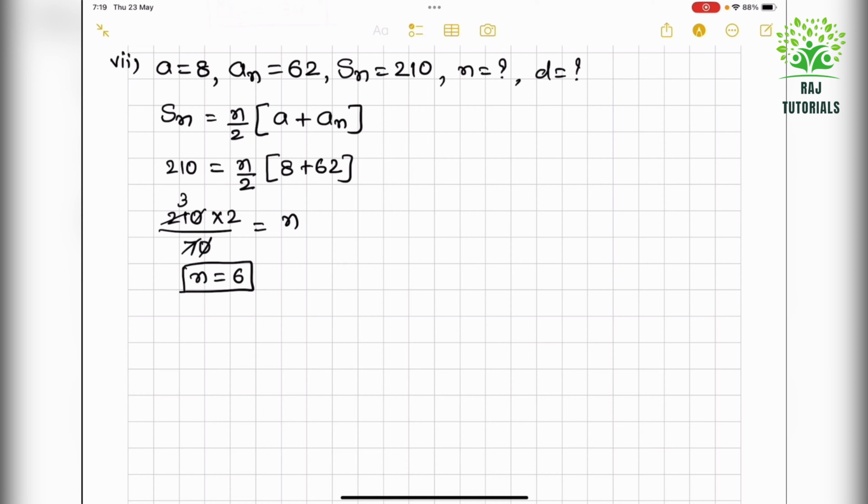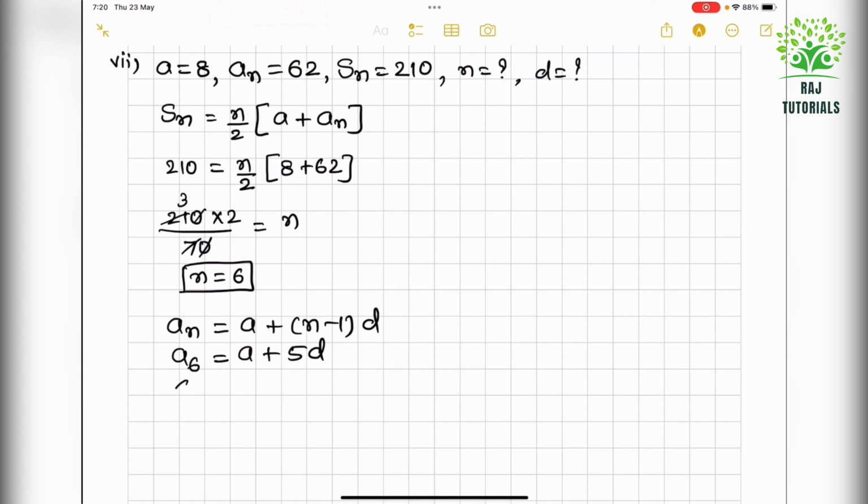So the first solution I got is n equal to 6. Now I have to find d. So an equal to a plus n minus 1 d. So a6 will be equal to a plus 5d.